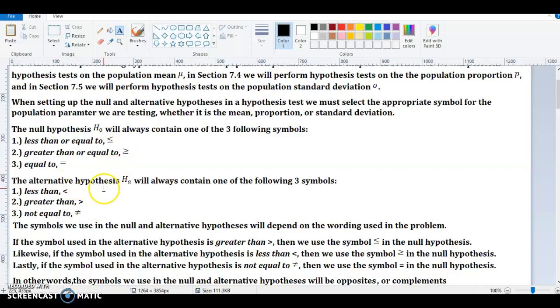The alternative hypothesis HA will always contain one of the three following symbols: either a less than, greater than, or not equal to. The symbols we use will depend on the wording used in the problem. But remember, we always select the appropriate symbol in the alternative hypothesis first, followed by one of these three symbols in the null hypothesis.